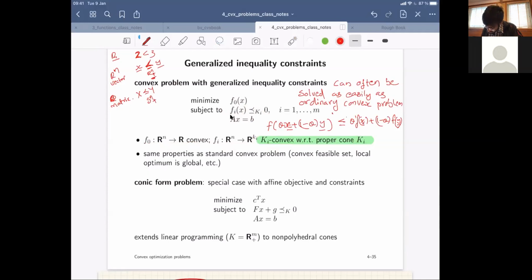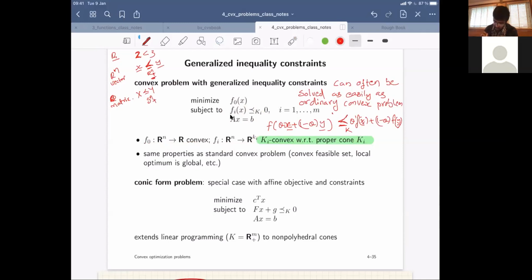But for K-convex, f maps a vector to another vector. In that case, we have to use the generalized inequality and bring in a cone to introduce it. Now we say that the function f is not just convex, it is K-convex. You can define the convexity of this particular function only using a proper cone.